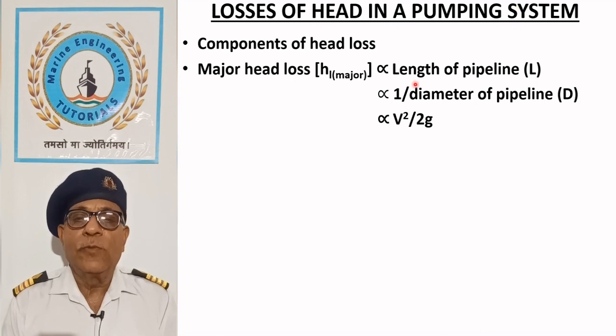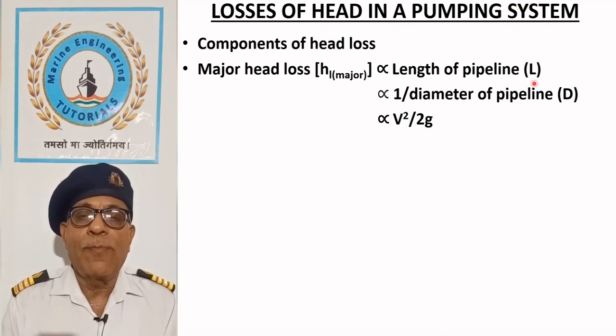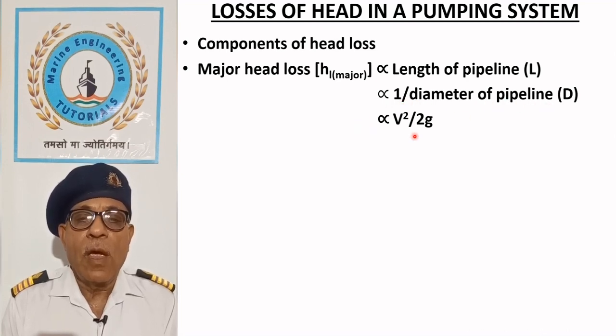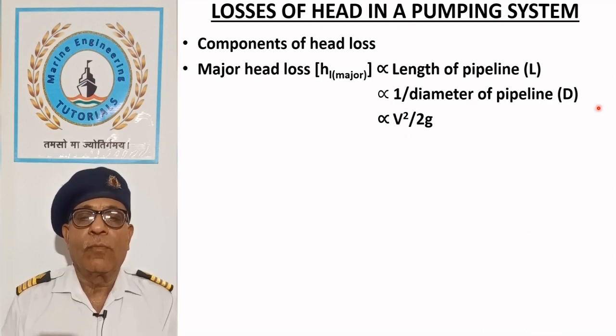Major head loss is proportional to the length of the pipeline L, inversely proportional to the diameter of the pipeline D, and proportional to V square by 2g.